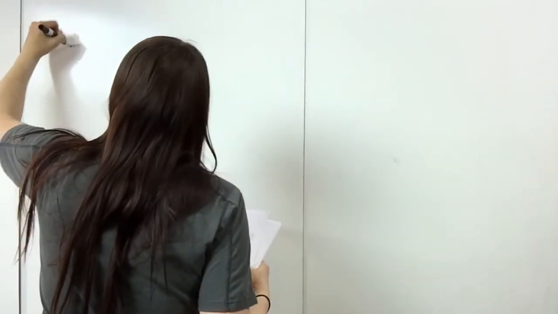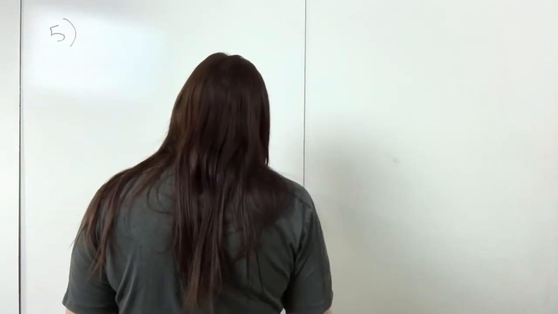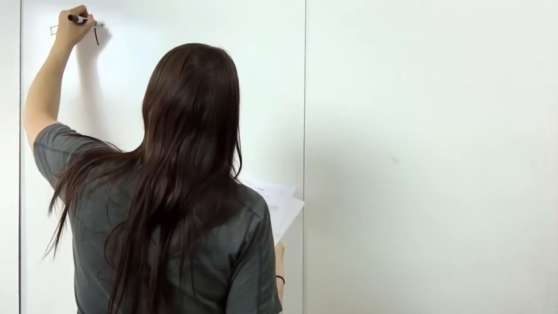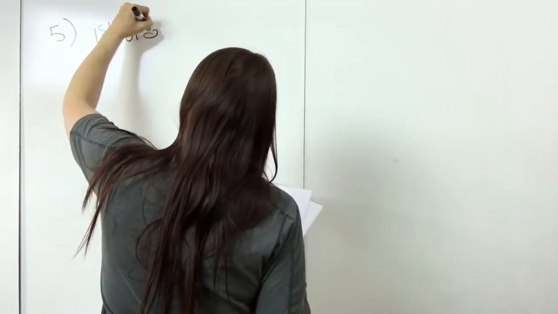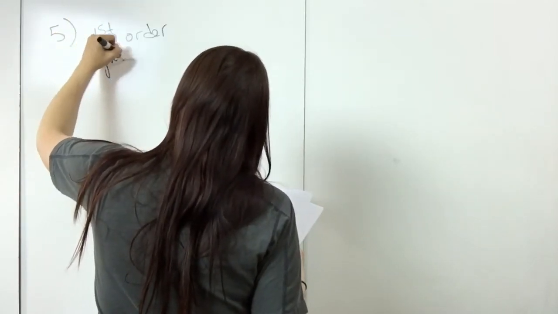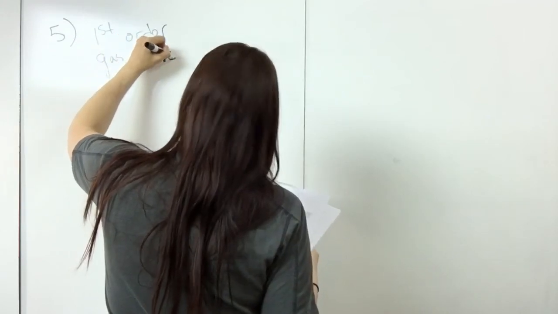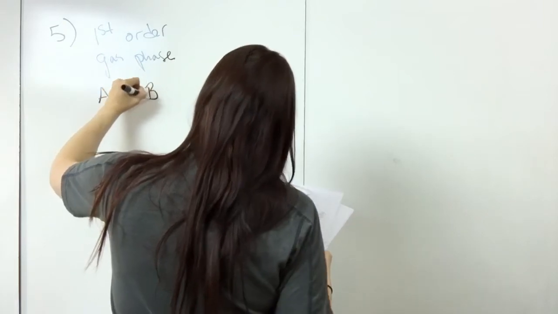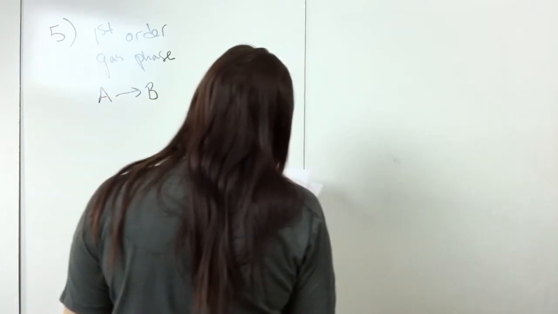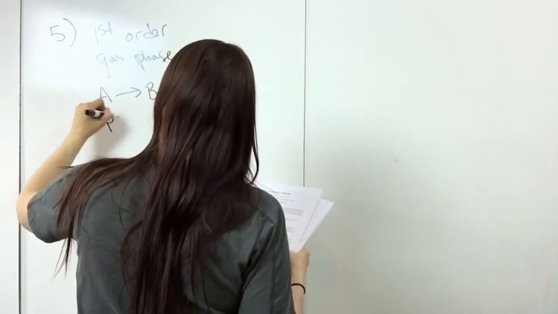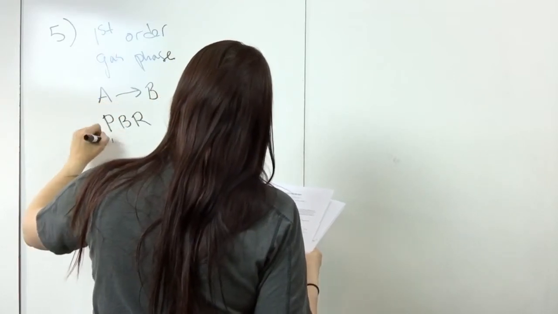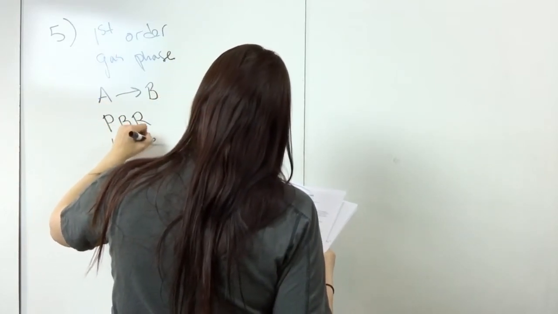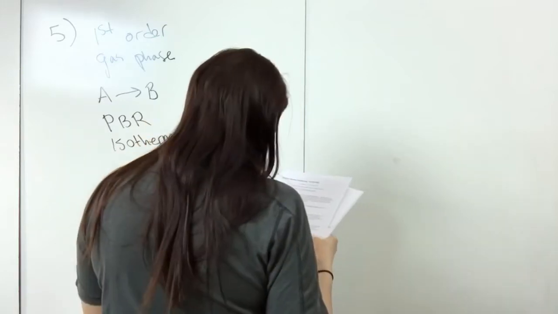For number 5, it says you have a first order gas phase reaction, and it's A to B. It's in an isothermal packed bed reactor, so PBR, isothermal.